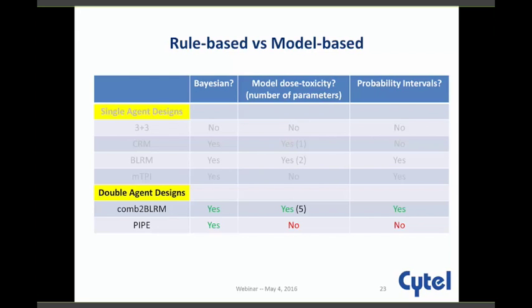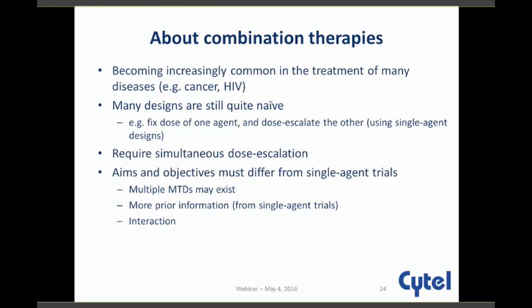They're both Bayesian methods. One utilizes a model for the dose toxicity relationship, and each one of them also utilizes probability intervals like the method that we just saw on the single agent approach. The philosophy behind each one of these methods is that you try to find something that is not as naive as just fixing the dose level for one agent and then trying to dose escalate with respect to the other.